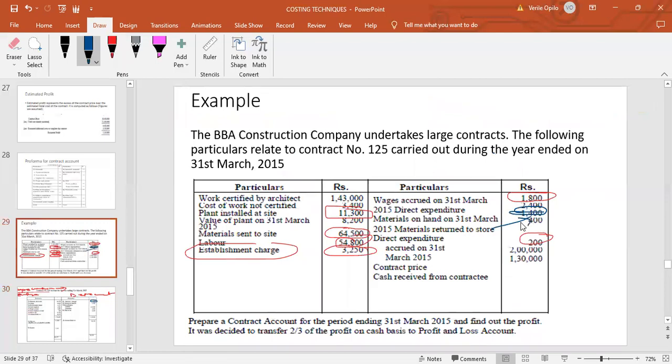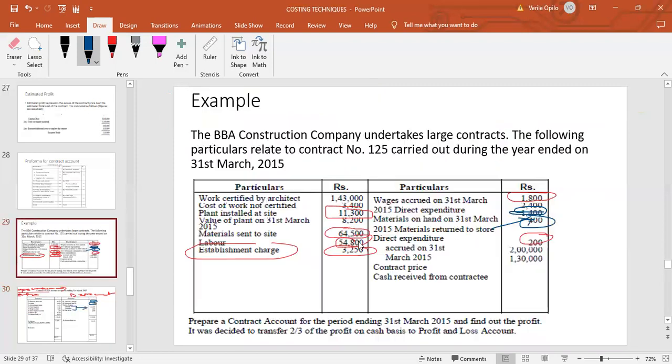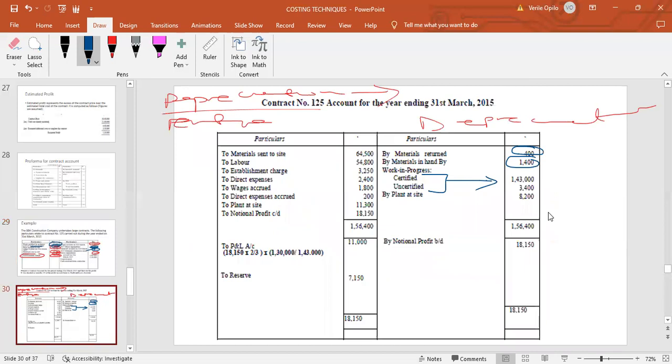Then materials returned to site was 400. So all of them, we include them. Then there's the work certified that we were given. We were told that the work certified as at that particular date was 143,000, whereas the cost of work not certified was equal to 3,400. So we come here and include those details.